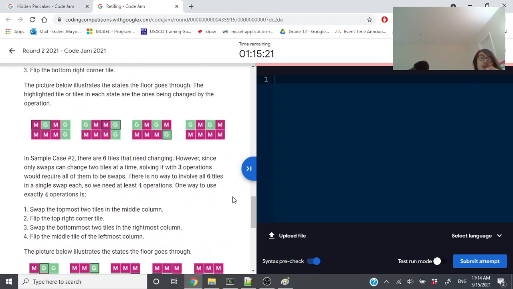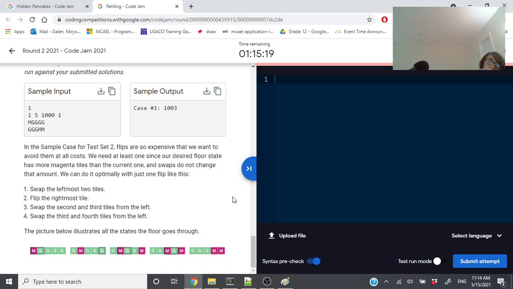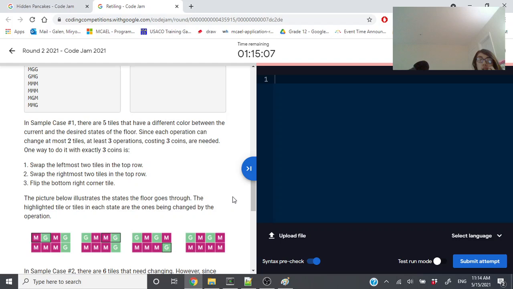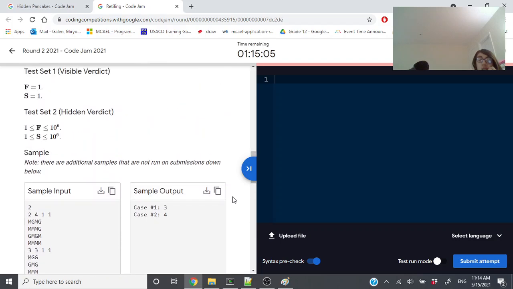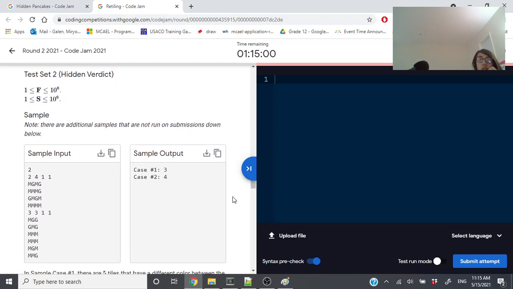F is 10 to the 6th, S is 10 to the 6th. Or up to 10 to the 6th, not necessarily 10 to the 6th.